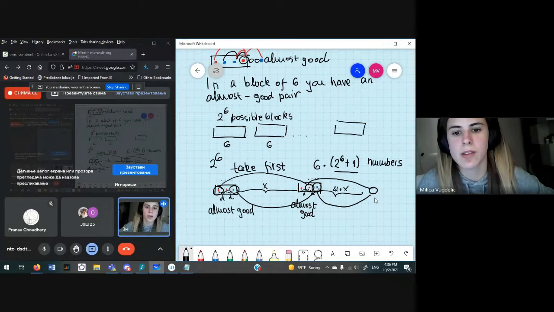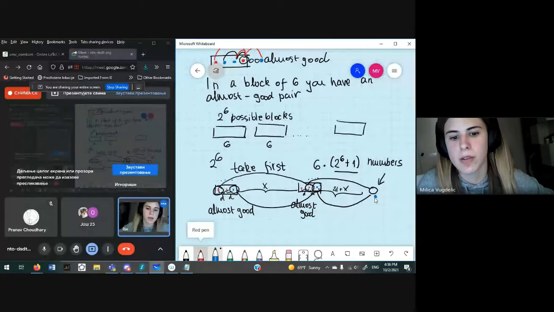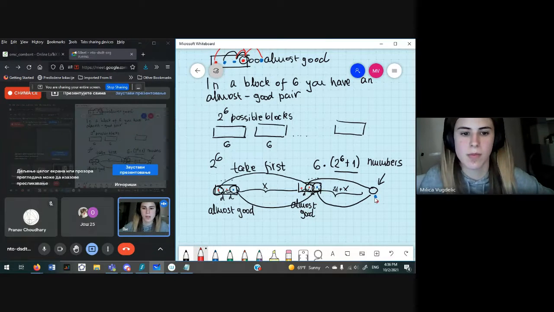So we know that the blue ones will also lead to the same number here. But whether it's red or blue, it doesn't matter, because then we will have an arithmetic progression.